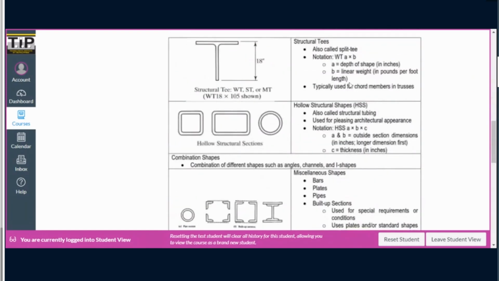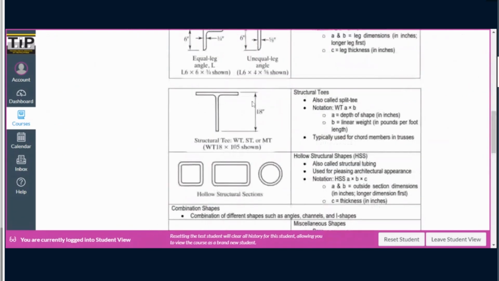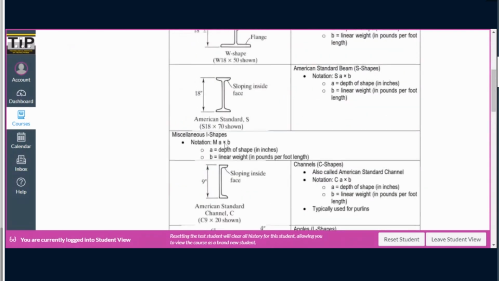We also have what we call structural T's. Structural T's, from the name itself, are just T shapes. Usually these sections are derived from I sections. So for the I section, you just remove the other flange, then you would have a WT, a structural T. It may be named as WT, ST, or MT, depending on which I shape the structural T comes from.